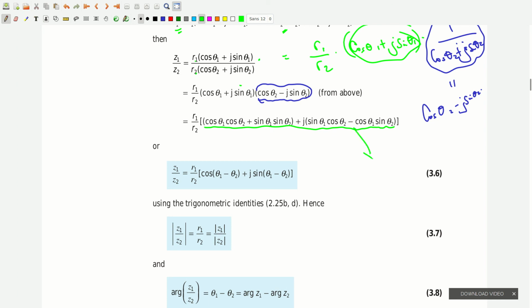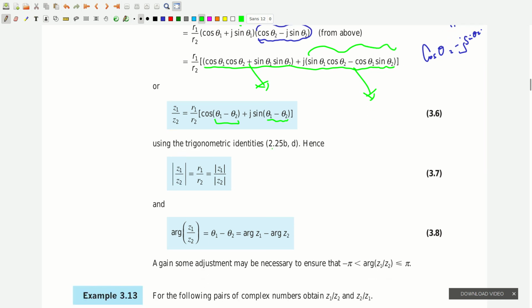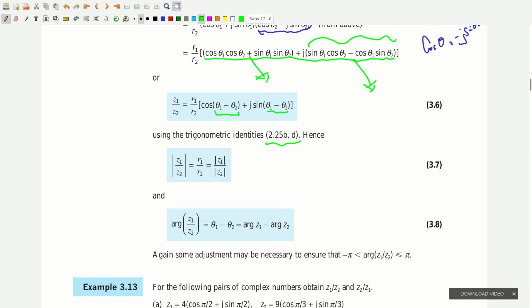Then we use the trigonometric identities here, because we know that cos theta 1 cos theta 2 plus sine theta 1 sine theta 2 is the same as cos of theta 1 minus theta 2, and this here is simply the same as sine of theta 1 minus theta 2, using the trigonometric identities. You can refer to them in case you are not aware of that.